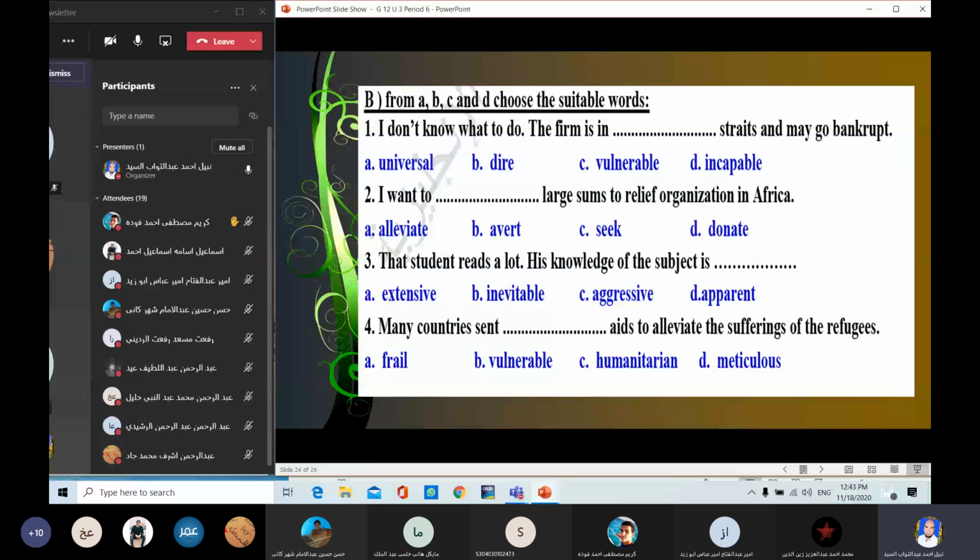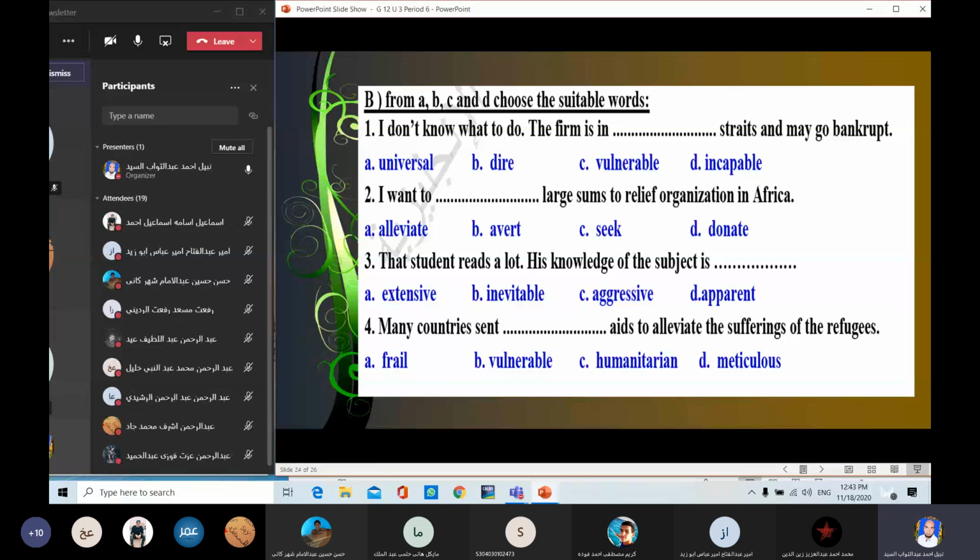Sums means a large amount of money. Many countries sent aid to alleviate the sufferings of the refugees. Aid means help. So you have to choose one of the four words that best suits the sentence.